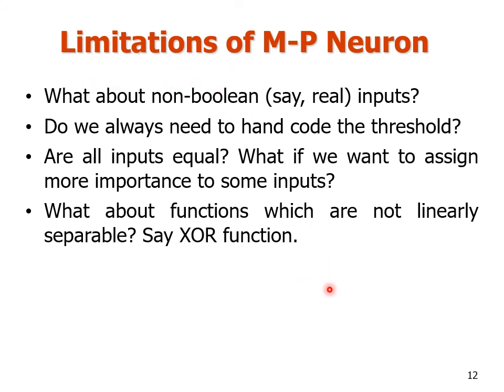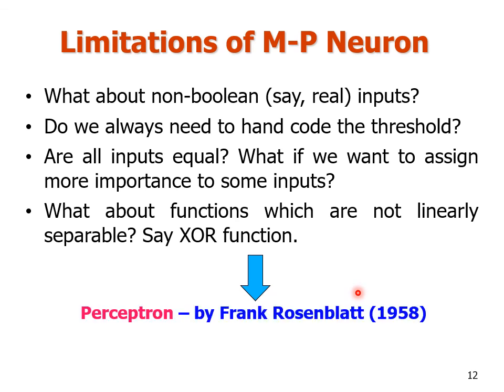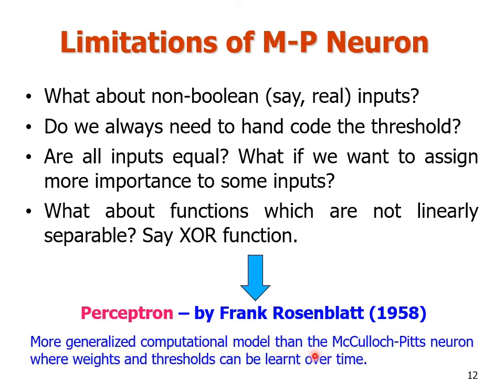So overcoming the limitations of the MP neuron, an American psychologist, Frank Rosenblatt, proposed the concept of the perceptron in 1958. It is a more generalized computational model than the McCulloch-Pitts neuron, where weights and thresholds can be learnt over time. In the next session, we are going to focus upon these perceptrons and their learning rule.